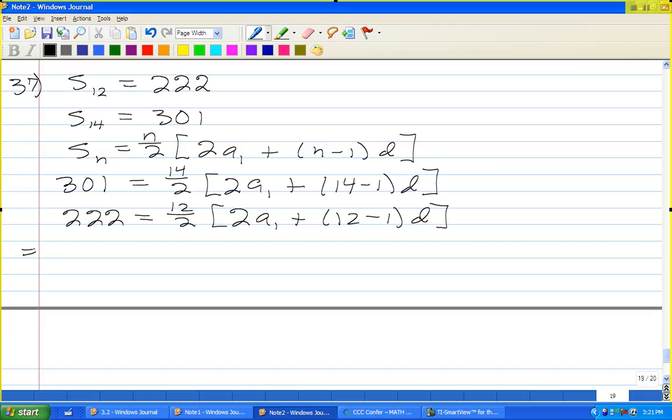So this says that 7 times 2A1 plus 13D is 301.